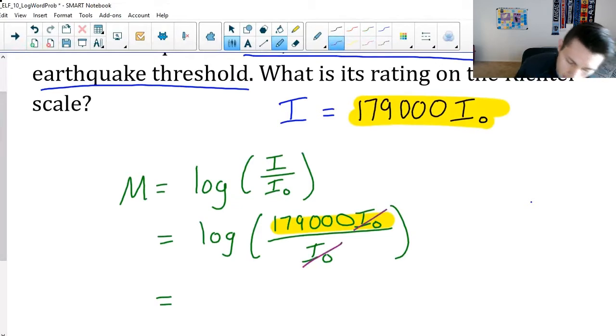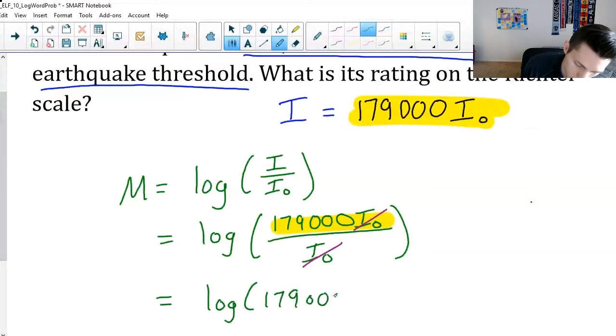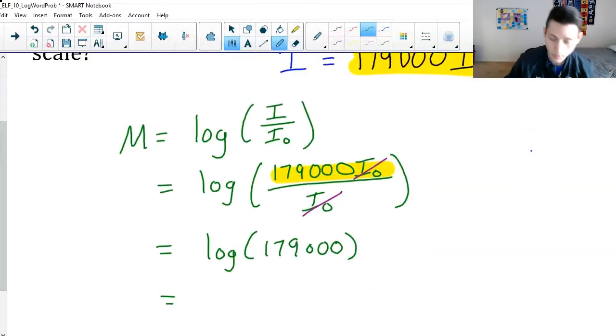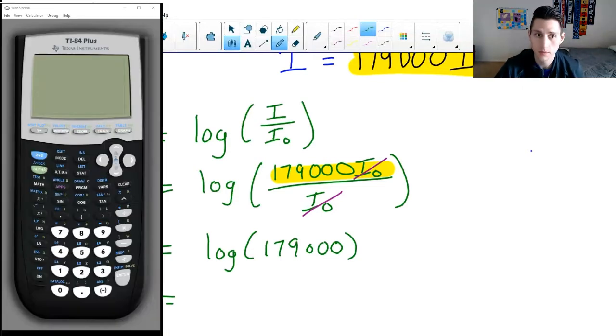The I0 and the I0 will cancel, so log of 179,000 is the only calculation we need. Let me pull up my calculator.